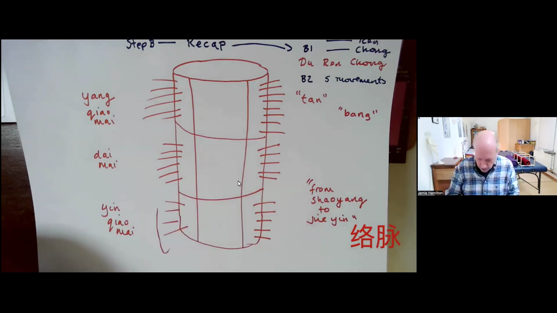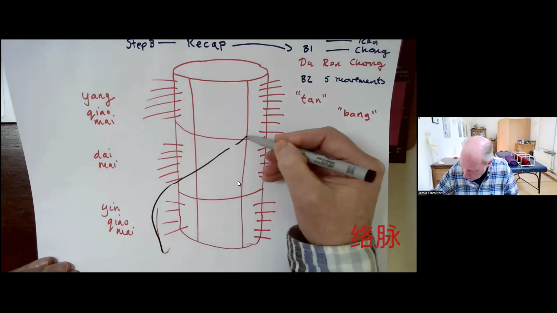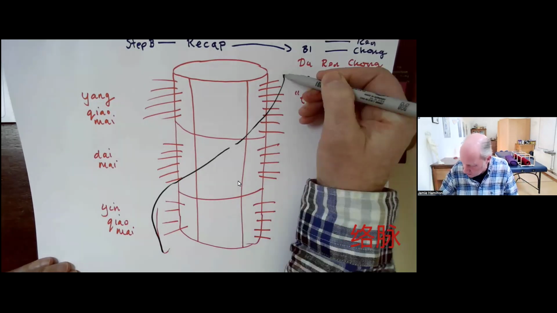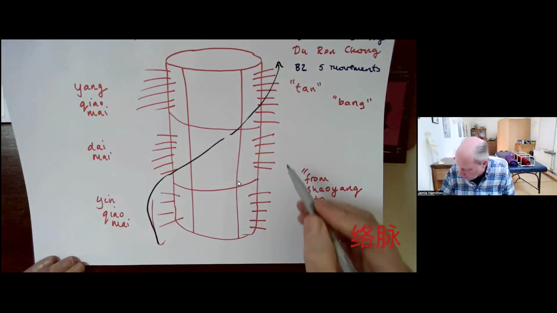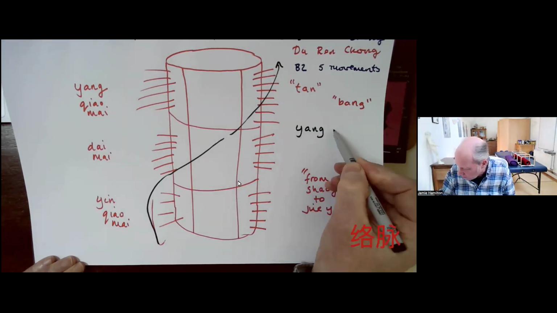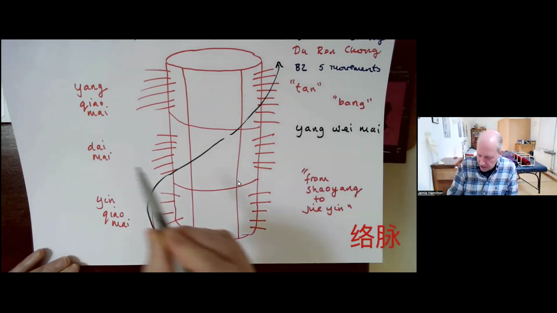I'm going to just draw it with black. From Shao Yang to Shao Yin, this is the left arm that we're looking at, is the Yang Wei Mai. So we've got 5 to count.